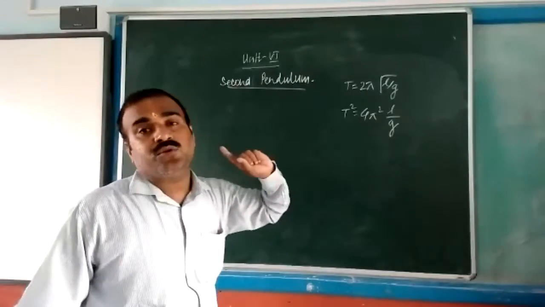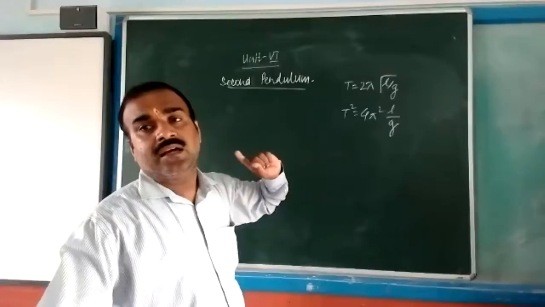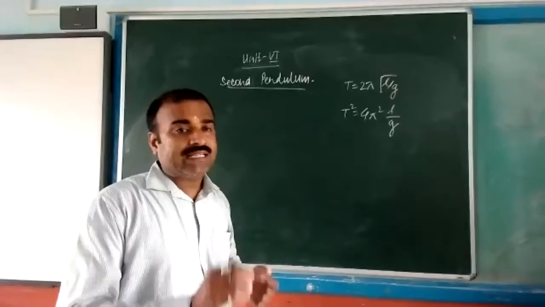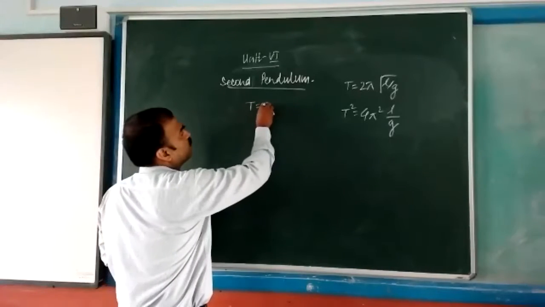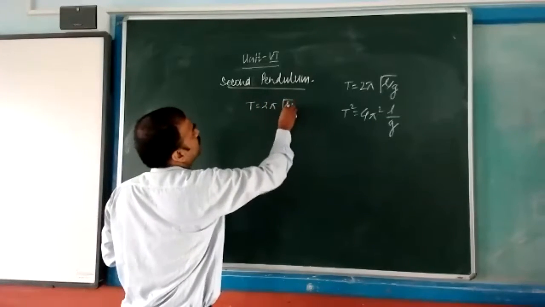So any pendulum whose time period is 2 seconds is called a second pendulum. Formula: T equal to 2 pi under root L by g.